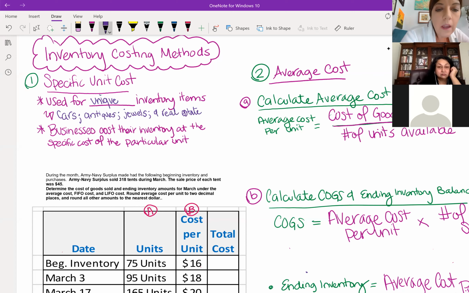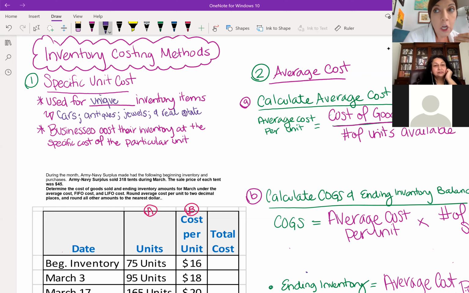The reason being is the way that we're expensing these items: we're saying that this specific unit of product was sold, it had this cost basis, and this is how much we're going to expense for this unit. So we have to know exactly how much that specific unit cost the company.